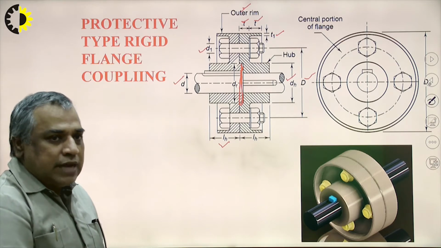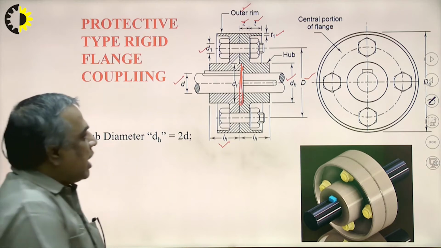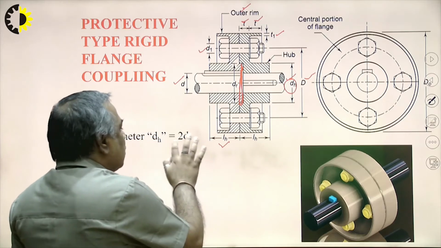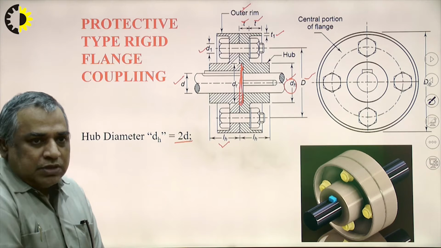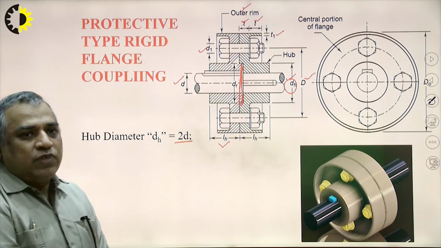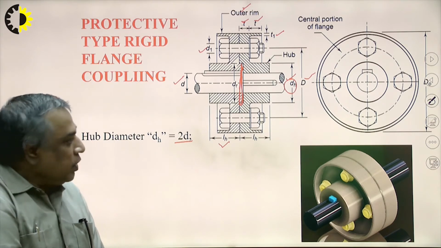So the hub diameter, this diameter, is 2 times the shaft diameter. Directly you can recommend that this is 2 times the shaft diameter. And for the material, normally for the flange we recommend cast iron. It is essential to mention.